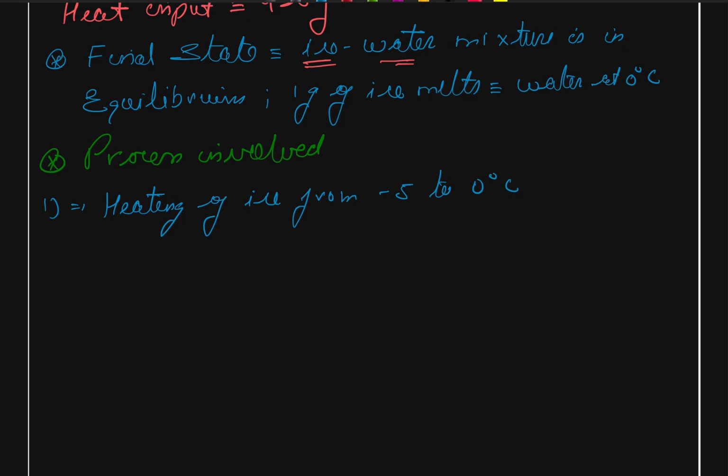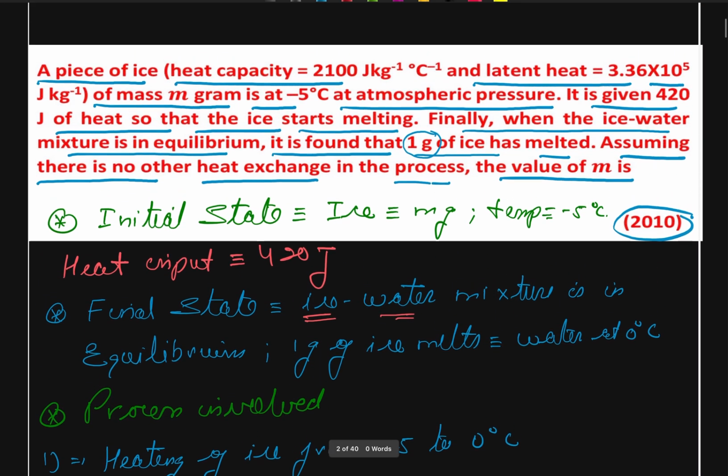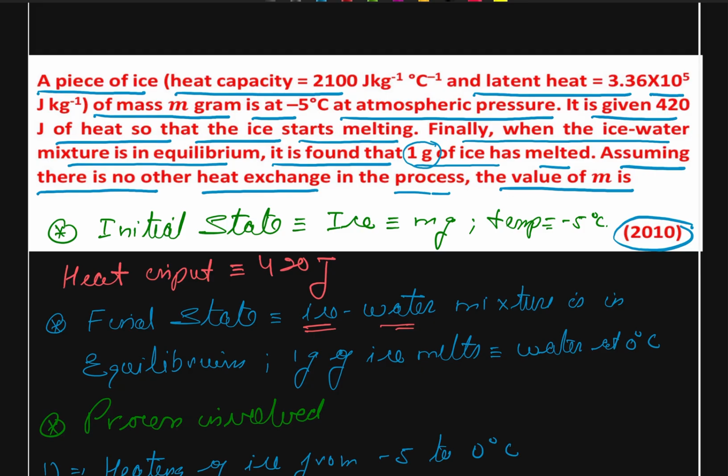Secondly, we are given that the initial mass of the ice is m and only 1 gram is melted.